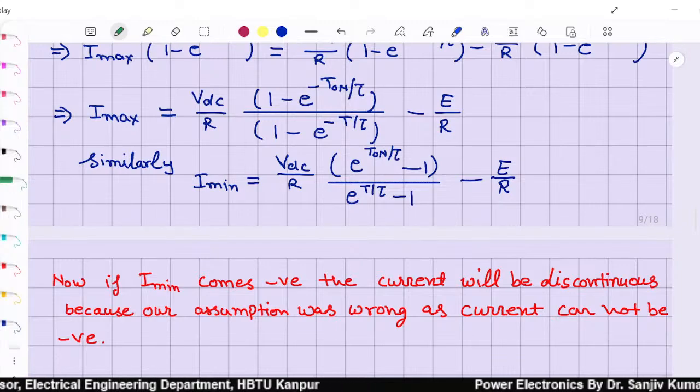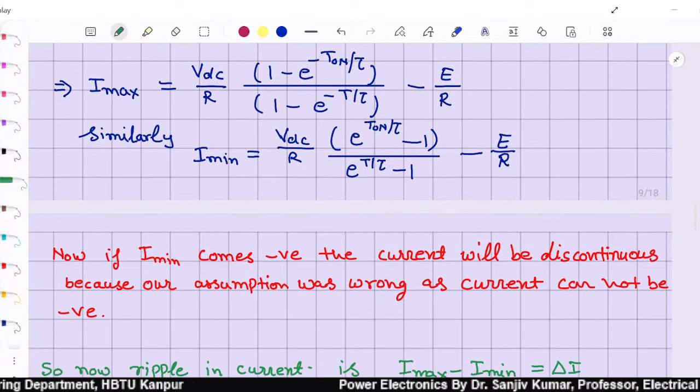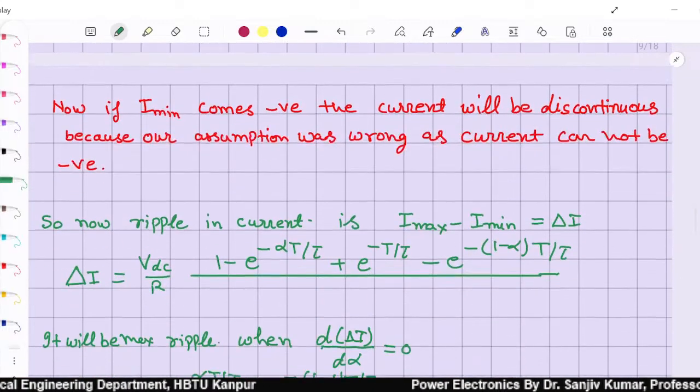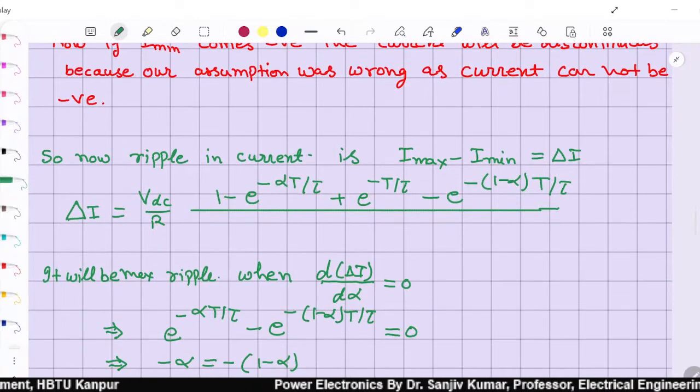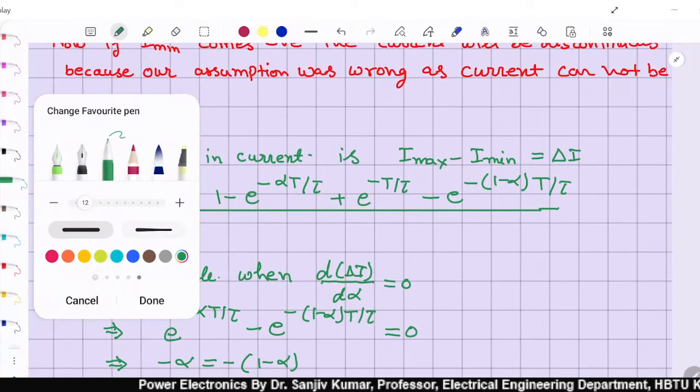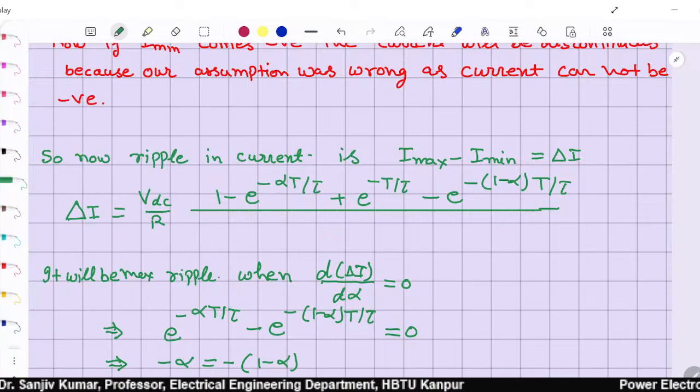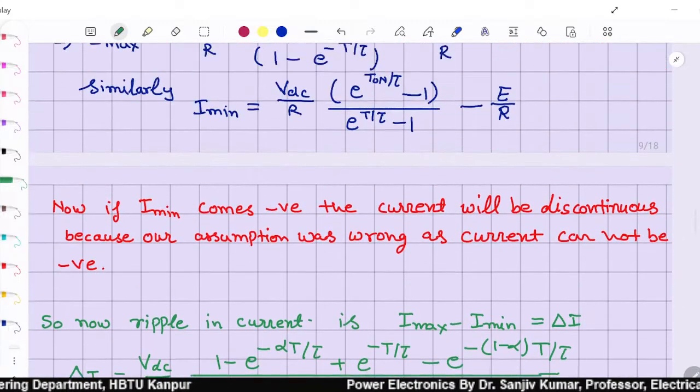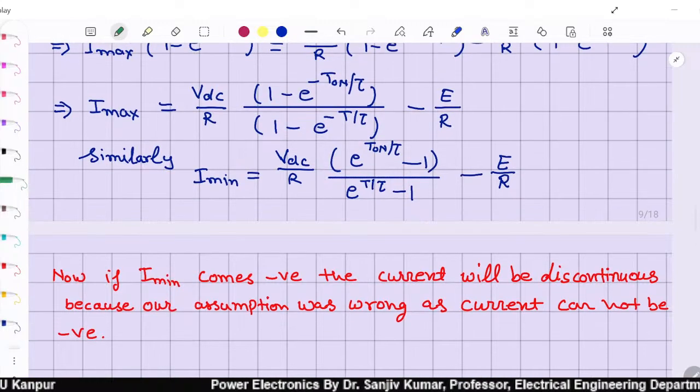Now you have to find out the value of I max minus I min, and this value comes out to be VDC upon R, 1 minus, let me take the green color, just give me a second. You have to subtract I max minus I min.